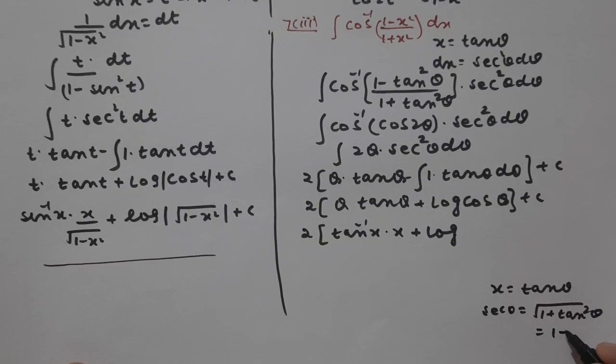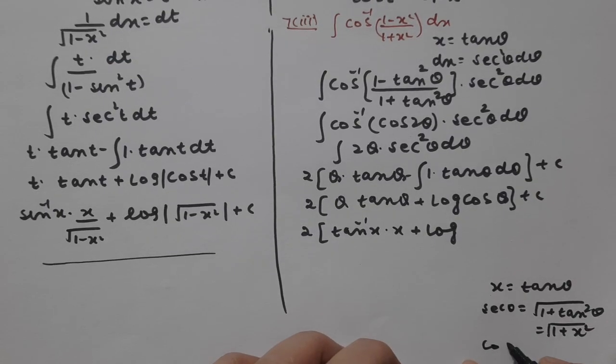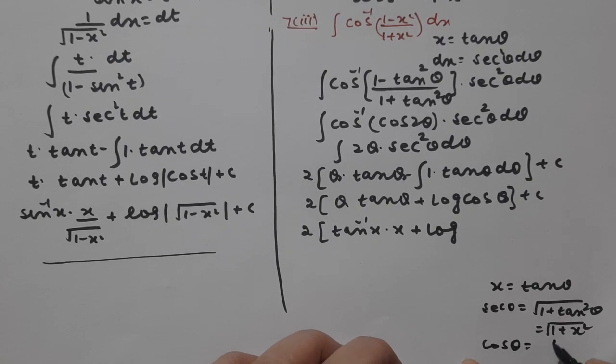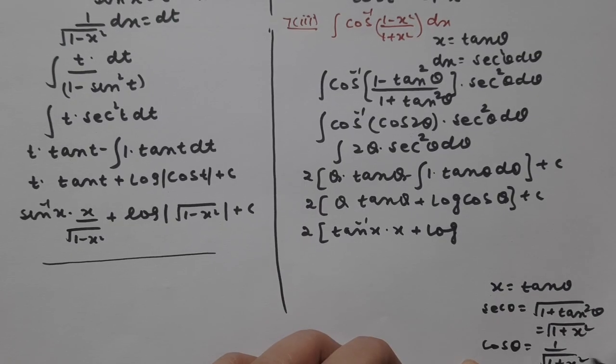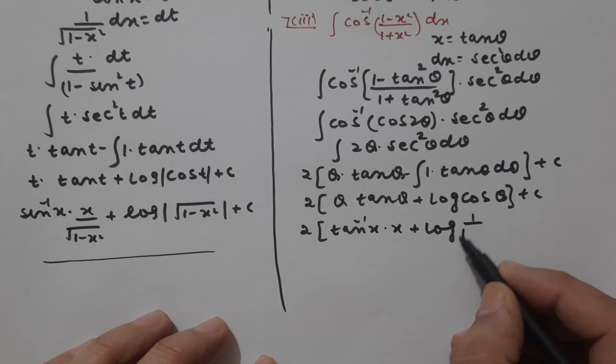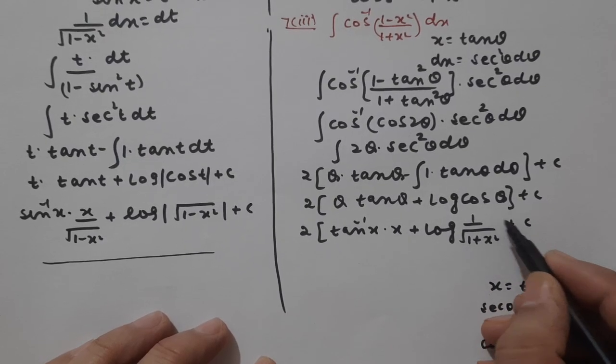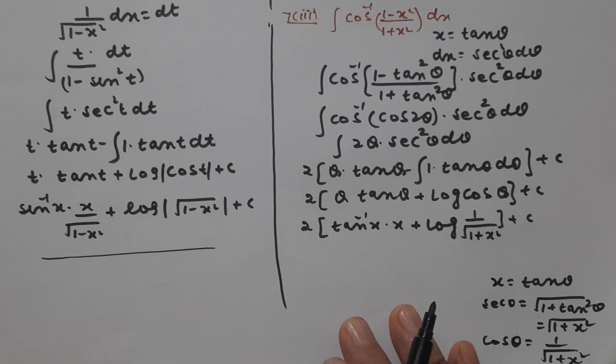And this is equal to under root 1 plus x square. I want to find the value of cos theta, so cos theta equals 1 upon under root 1 plus x square. So putting over here 1 upon under root 1 plus x square plus c. So students, this is the answer.